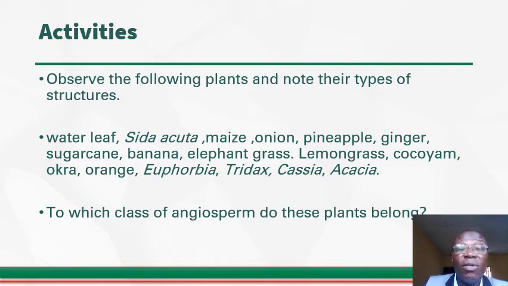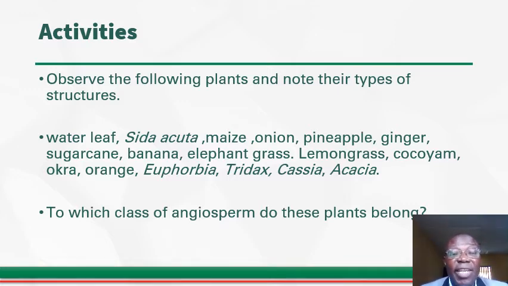They will help you. I'm sure most of these plants are known to us, except maybe a few. Water leaf is common. Cedar acuta is on the field, also a common plant. Maize, of course. Onion, of course, a vegetable. Pineapple, ginger, sugarcane, banana, elephant grass. The lemongrass is common, as are cocoyam, okra, orange, euphorbia.